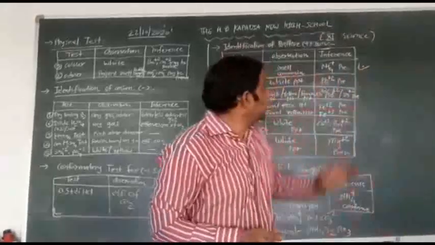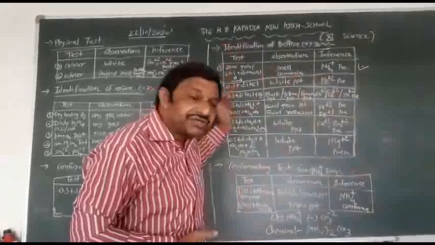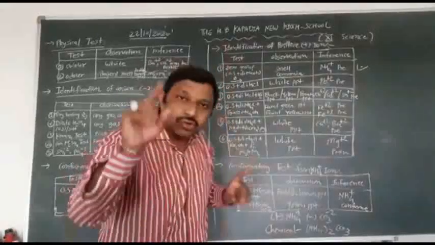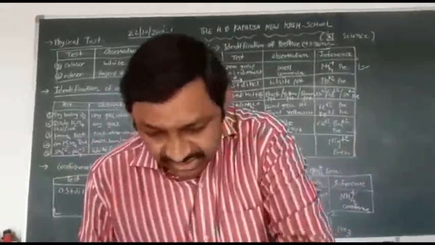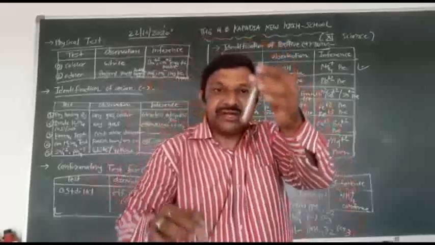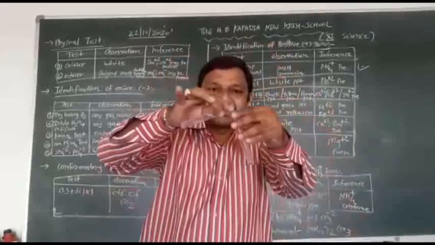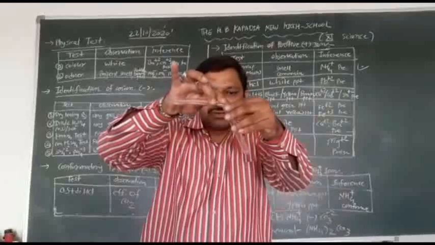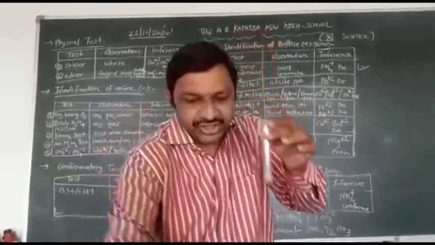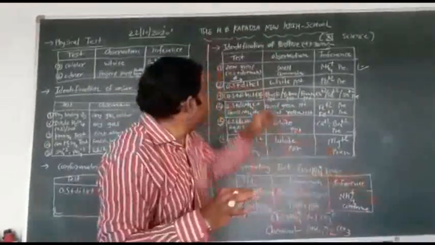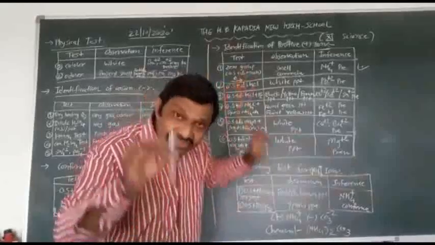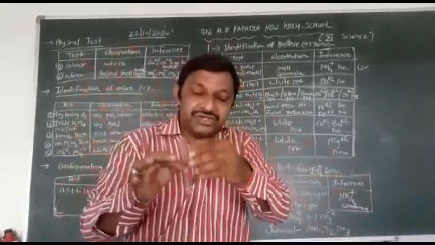Now in identification of positive ion, your zero group is present. In a test tube we have to take original solution, plus you have to add dilute NaOH and heat your solution.